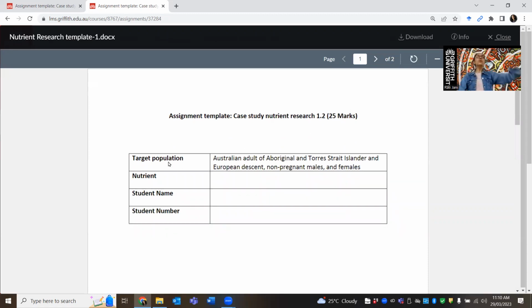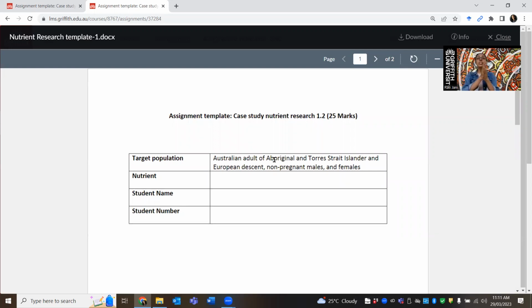So for all of you, you are researching this nutrient with this in mind, that your target population is Australian adults. You may have information only on the general Australian adults, European descent, the basic one. Or else you may have information on the general Australian adults and for the Aboriginal and Torres Strait Islander community members.